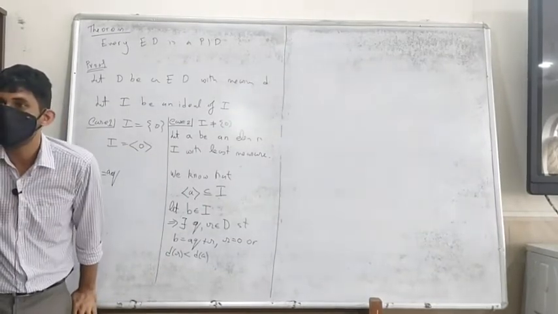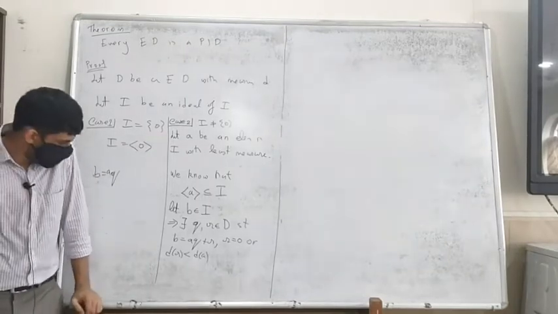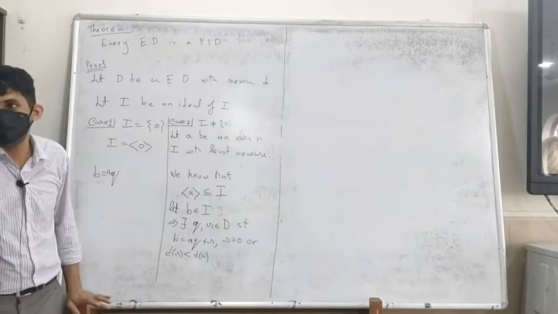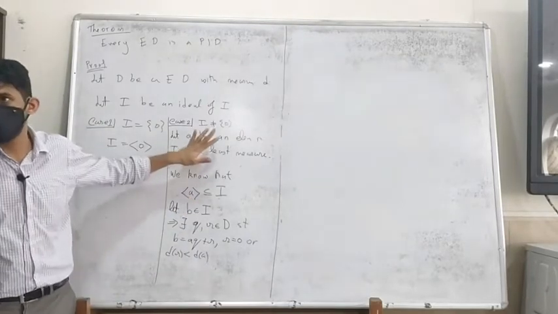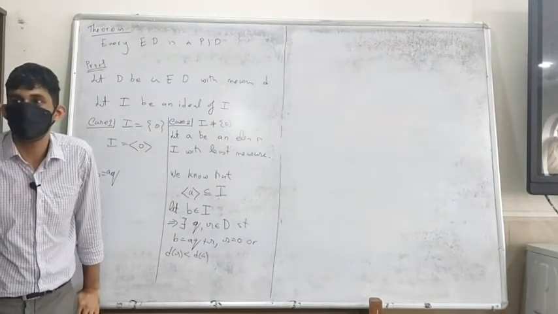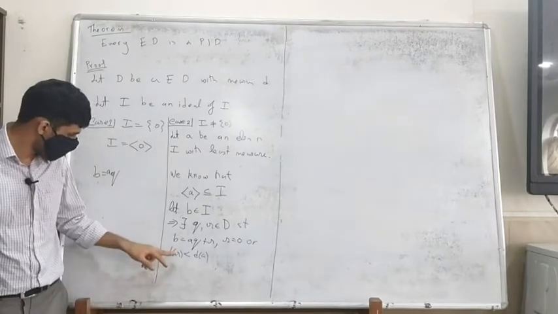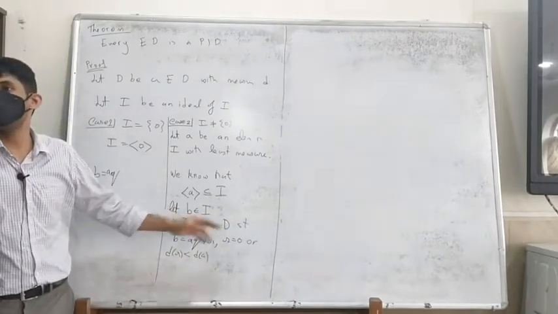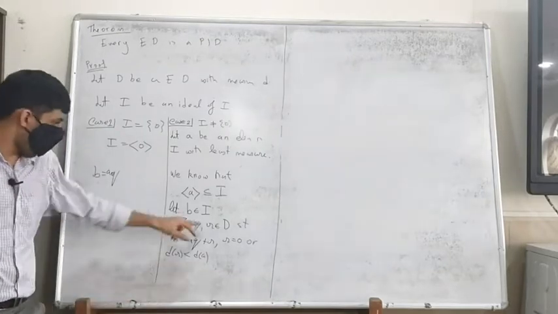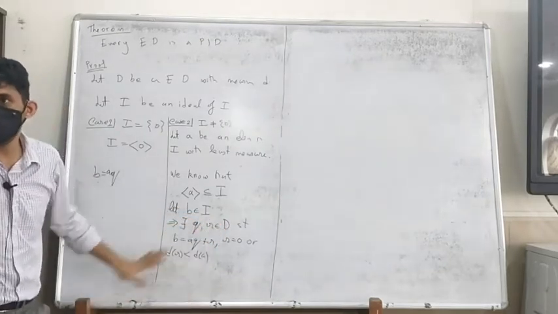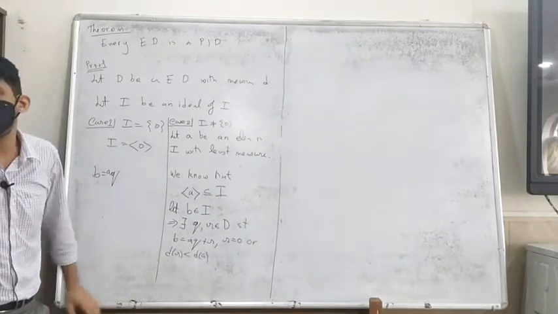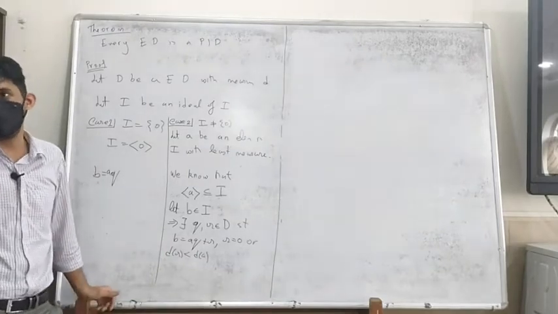Why is it a contradiction? A has the least measure in I. But R is some element in D. Q and R are some elements in D, so I can find an element in D of lesser measure than A, there is no problem.